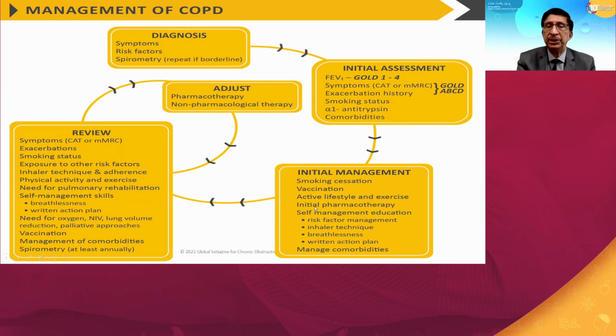And after the initial management, which may be pharmacotherapy and a risk factor assessment, inhaler technique, and breathlessness action plan, we can adjust it accordingly, whether it's pharmacological or pulmonary rehab, to achieve the goals that we need to, basically to reduce the risk of further exacerbation, improve the quality of life, and improve dyspnea in these patients.